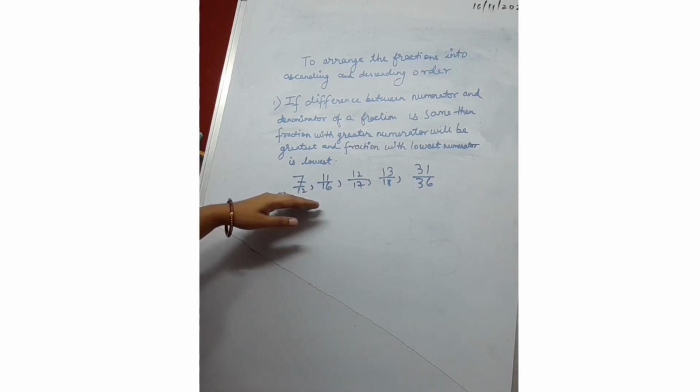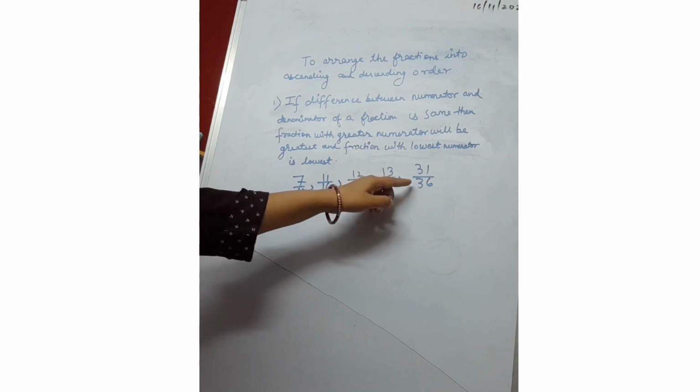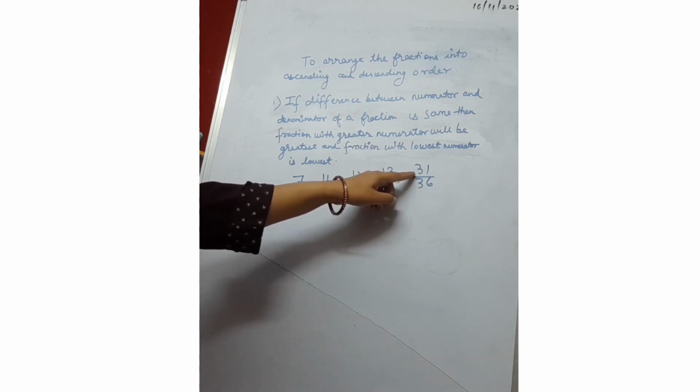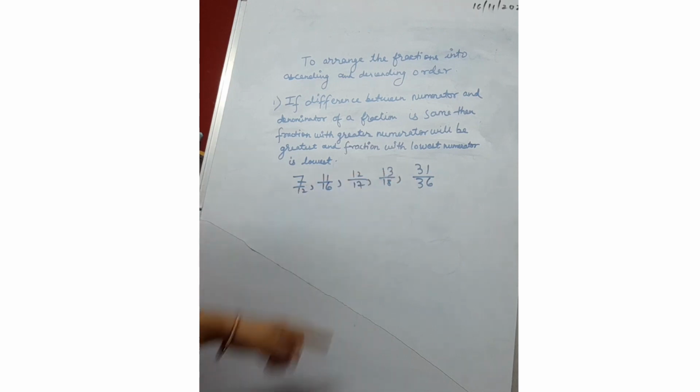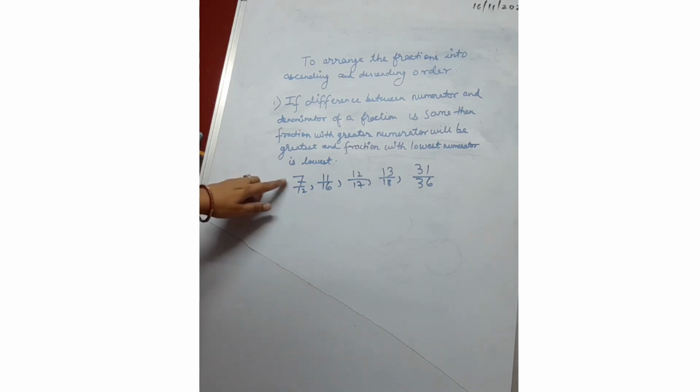So in this type of question the fraction with the greatest numerator will be the greatest. Here the greatest fraction is 31 by 36 because its numerator, 31, is the greatest. And the lowest fraction will be 7 by 12 because the lowest numerator is 7.